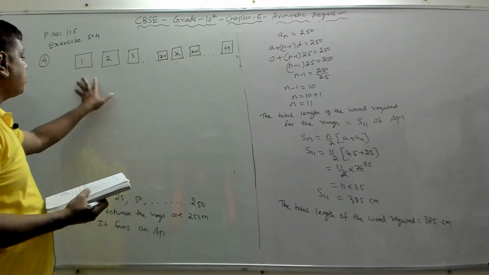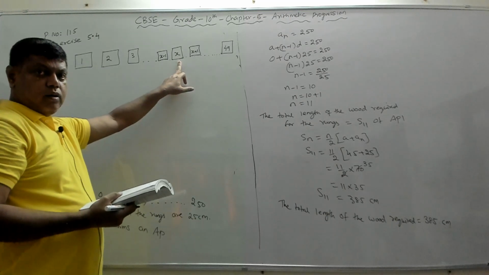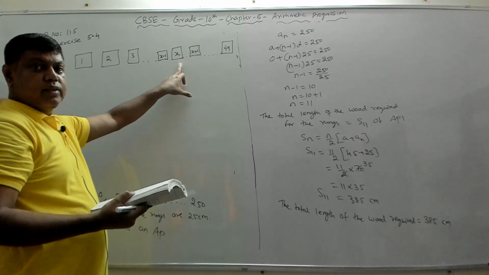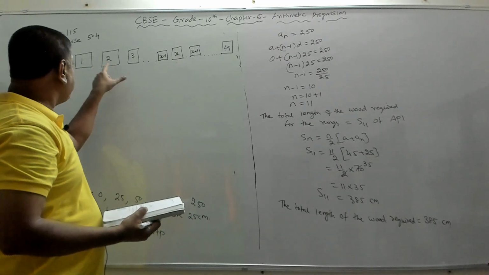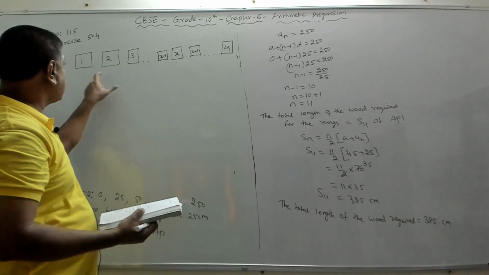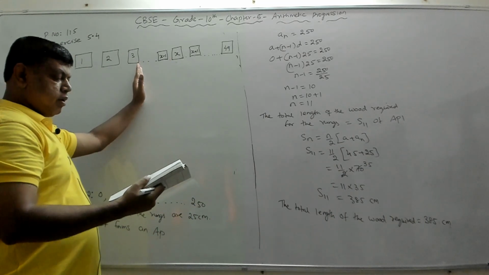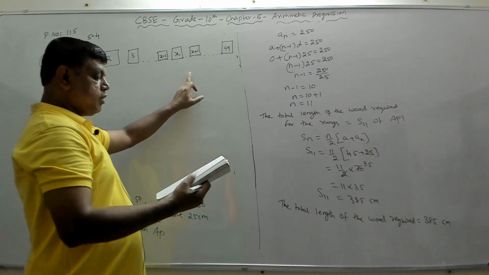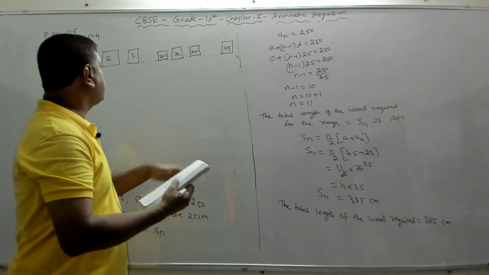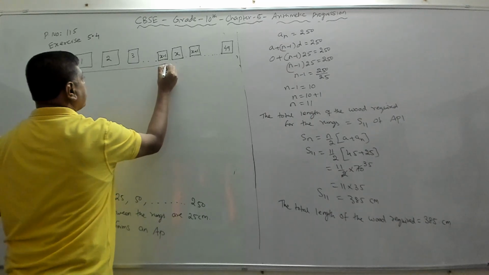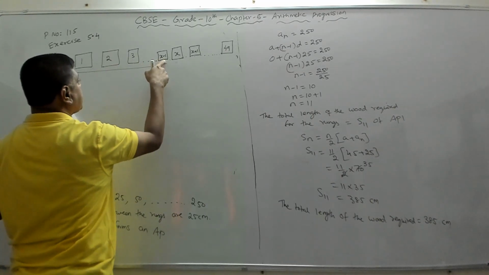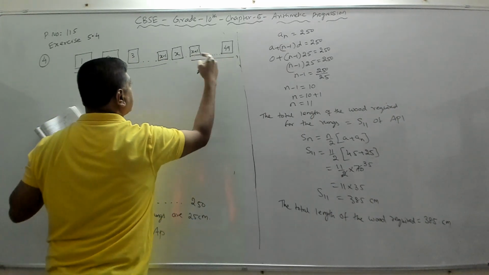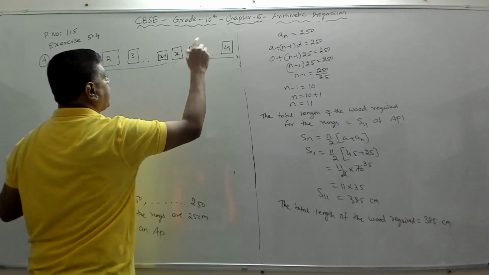So the sum of the numbers of the houses preceding it will be equal to the sum of the houses following it. Which means 1 plus 2 plus 3 till x minus 1 will be equal to x plus 1 plus x plus 2 till 49.